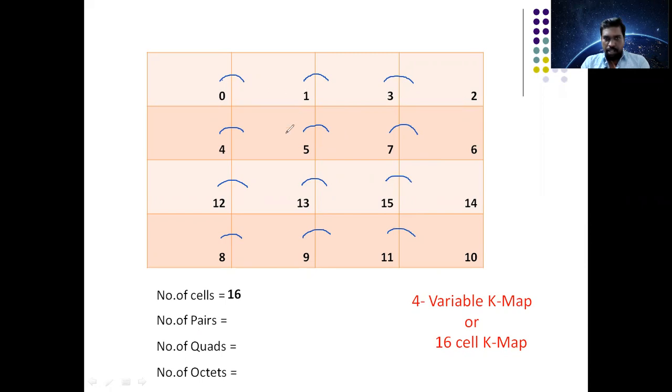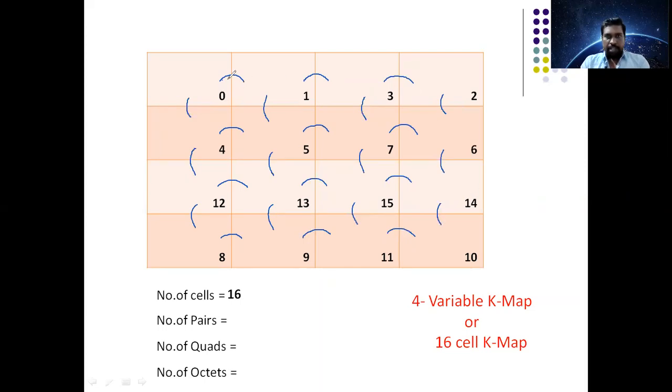So horizontal is completed. Now vertical: 0, 4, 1, 5, 3, 7, 2, 6, 4, 12, 5, 13, 7, 15, 6, 14, 12, 8, 13, 9, 15, 11, 14, 10.